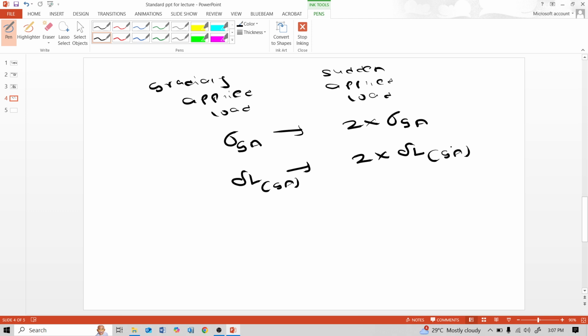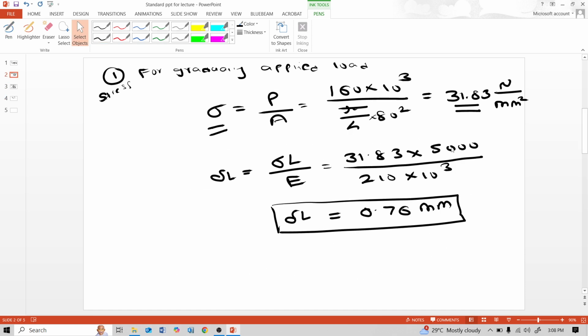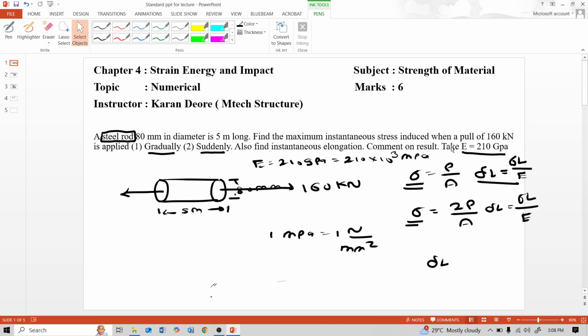So this is the relation between suddenly applied load and gradually applied load. Thank you very much.